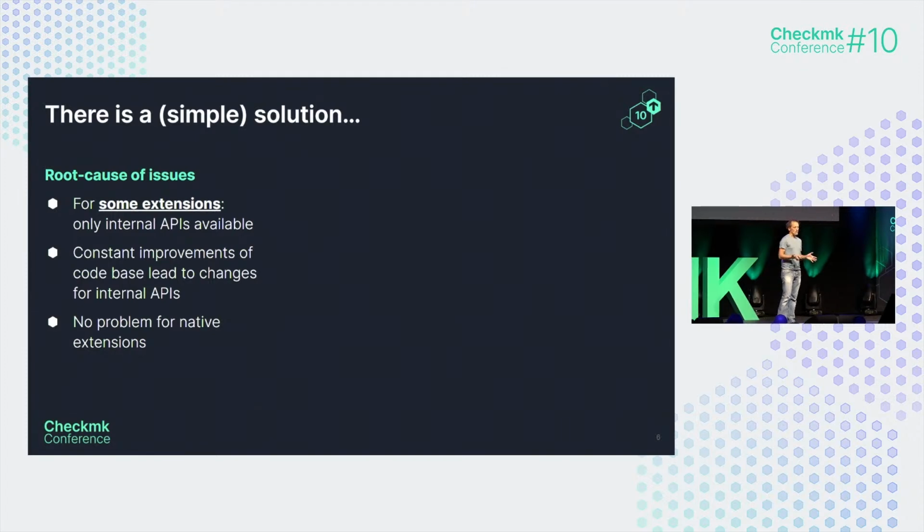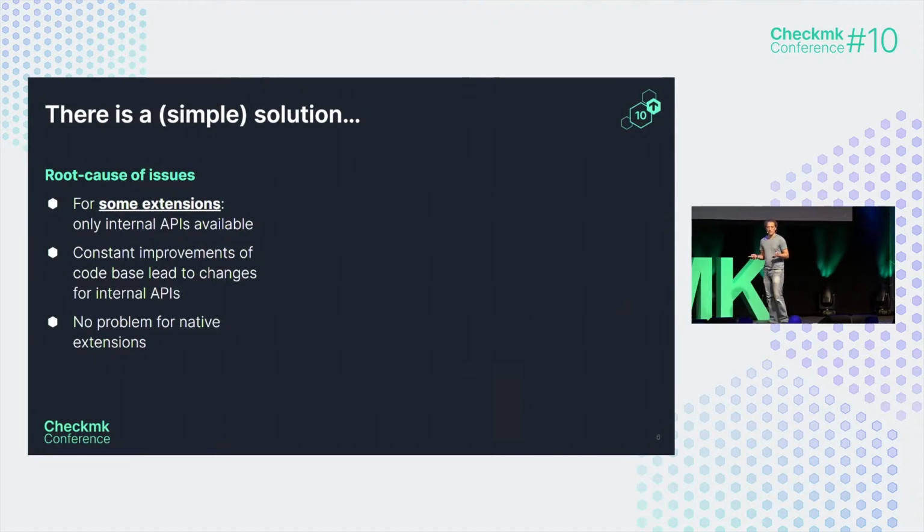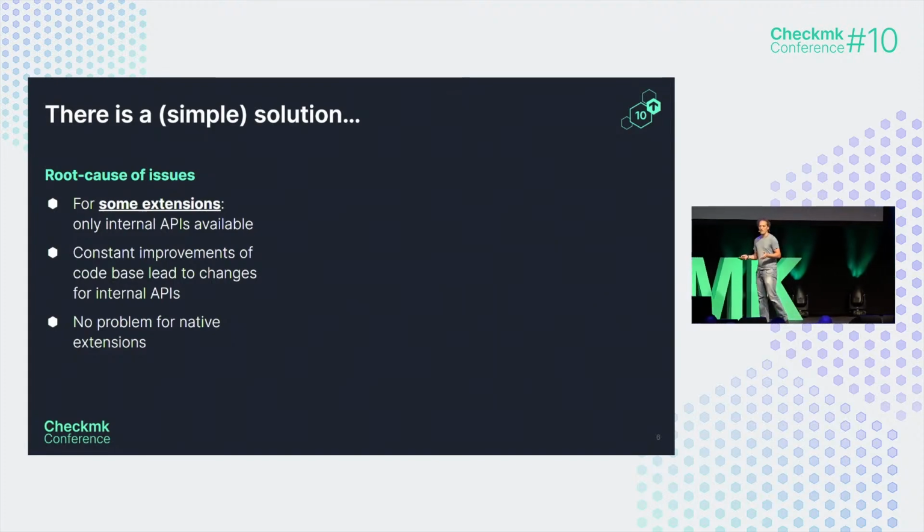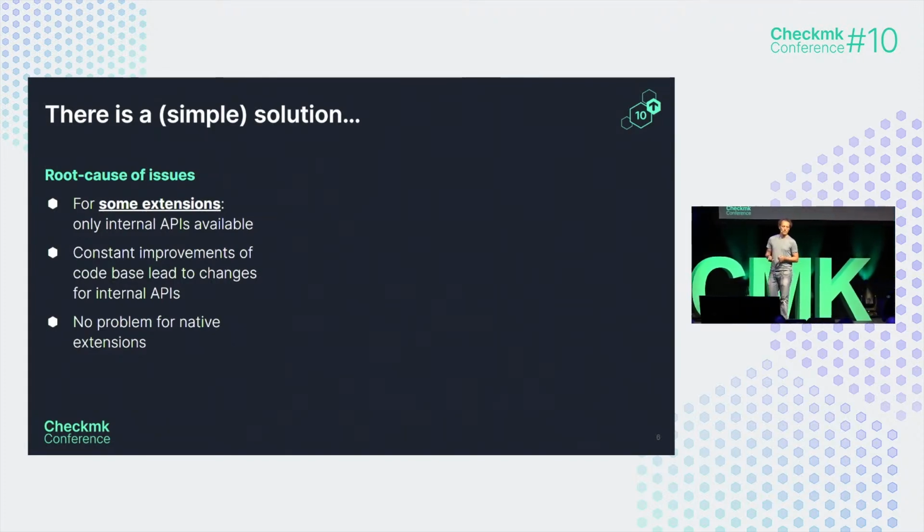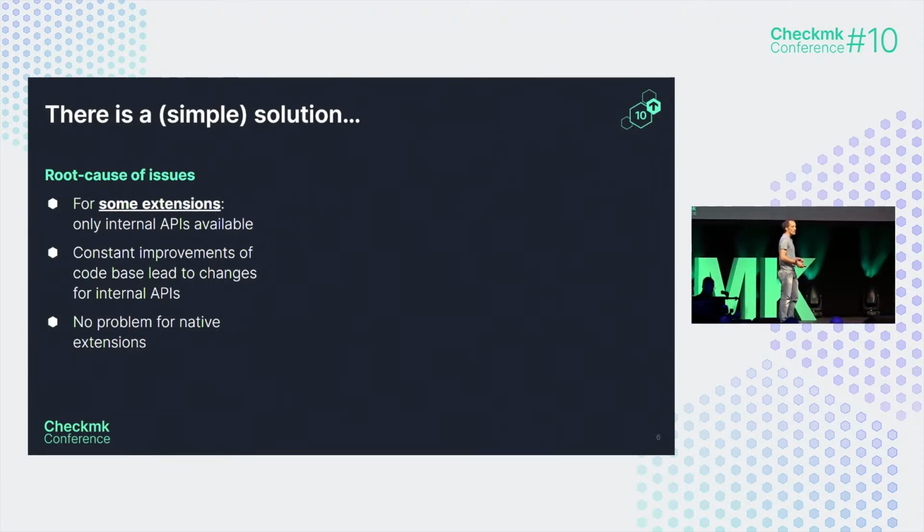What's the root cause? Basically, the root cause is that still for many plugins, we only have internal APIs, and these change. Because we keep developing, we try to improve the code base. Obviously, improvement implies change. And this is not a problem for the plugins we provide you with, because of course we can just always keep everything in sync, and then we don't have any surprises during update, because we know what we are doing, ideally.